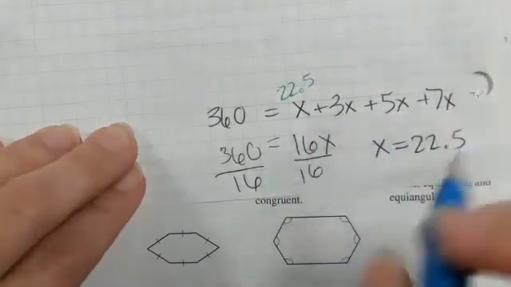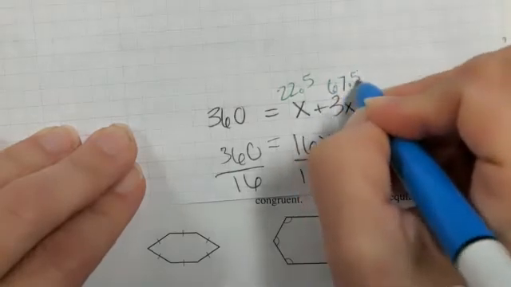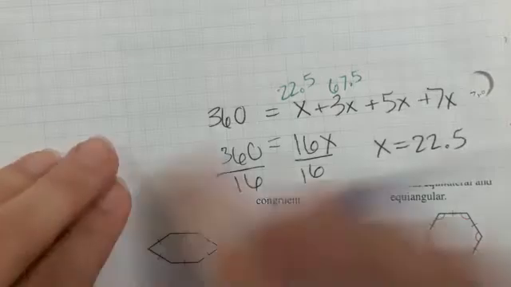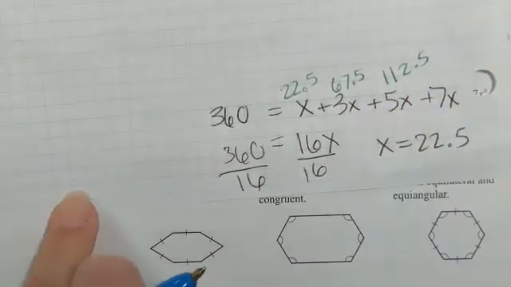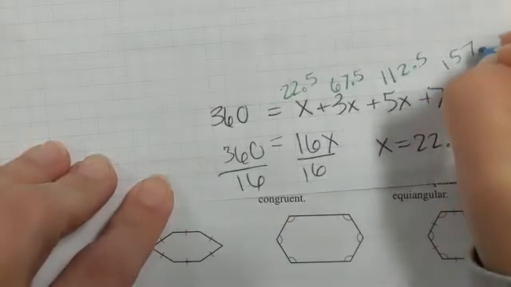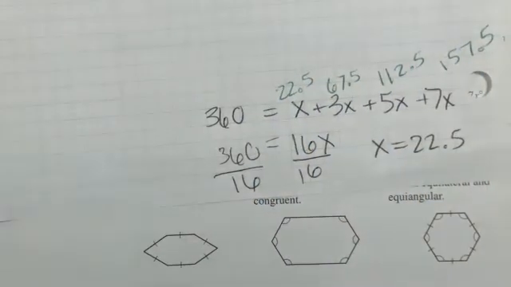Then to get 3x, we would just multiply it by 3. So we would have 67.5. For this one, we would have 112.5. And for 7x, we have 157.5. So if you add all of these up, they should equal 360.